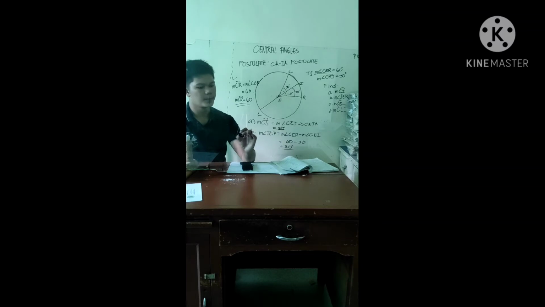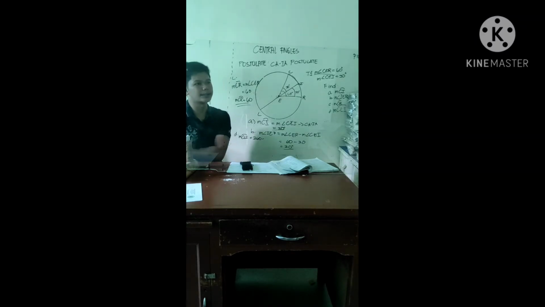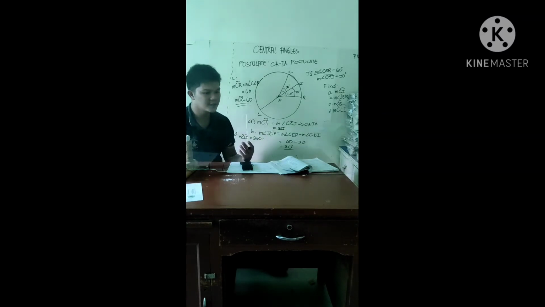So, measure of arc CLI, that is equal to 360. Yung formula ng ating major arc, degree measure of your major arc. So, sabi dun sa formula, 360 i-minus mo sa iyong minor arc. Okay?